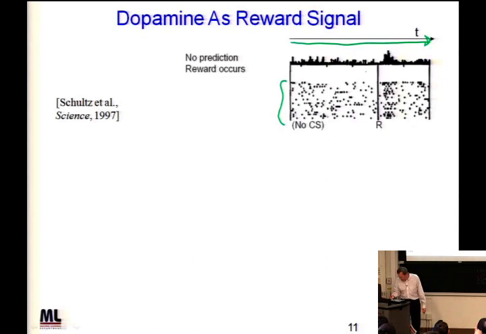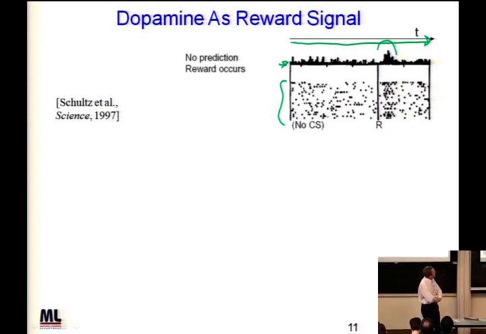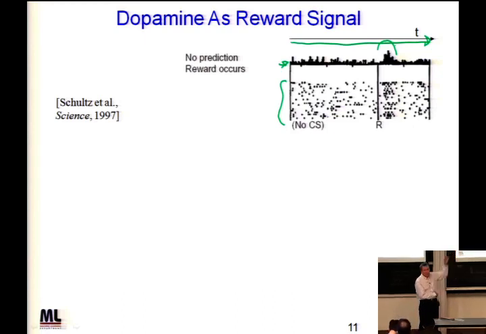And this top row is just the histogram summing up all the dots below it in the different trajectories. So you see there's this one point in time around here where there was a lot of spiking going on average. And that's because at the time point labeled R, the monkey received sugar on its tongue. So the monkey's sitting there recording from the cell, the neuron in the monkey. Sugar appears on the monkey's tongue. That's aligned with R.